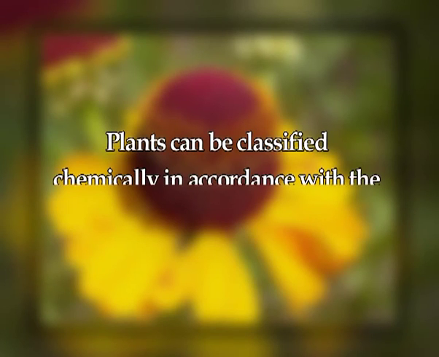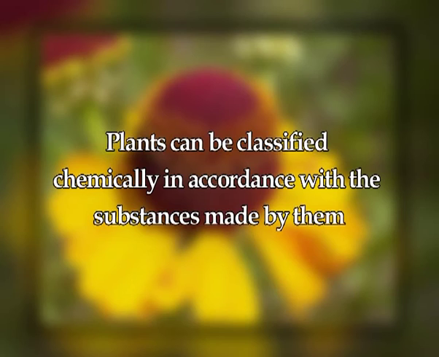According to him, plants can be classified chemically in accordance with the substances made by them. Such chemical classification may be compared with or used as a supplement to morphological classification and may be of some importance in the development of the true natural system of angiosperm phylogeny.